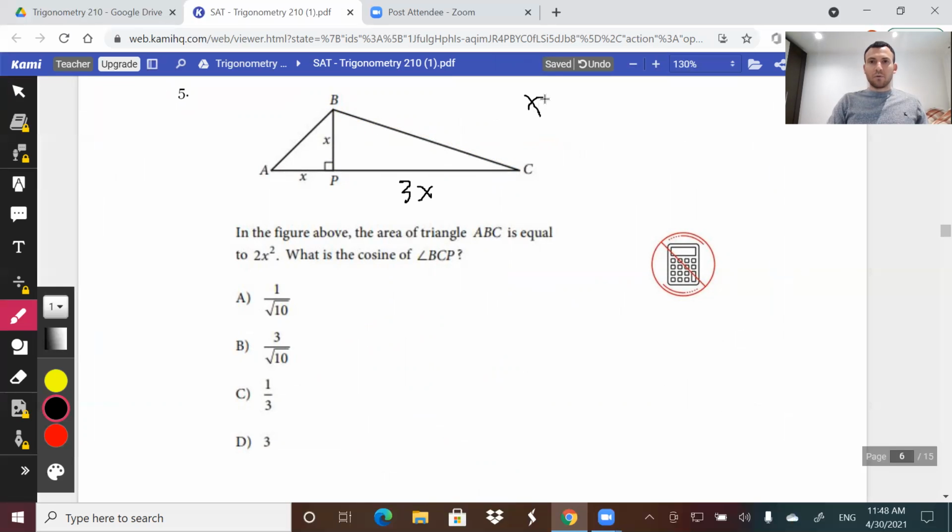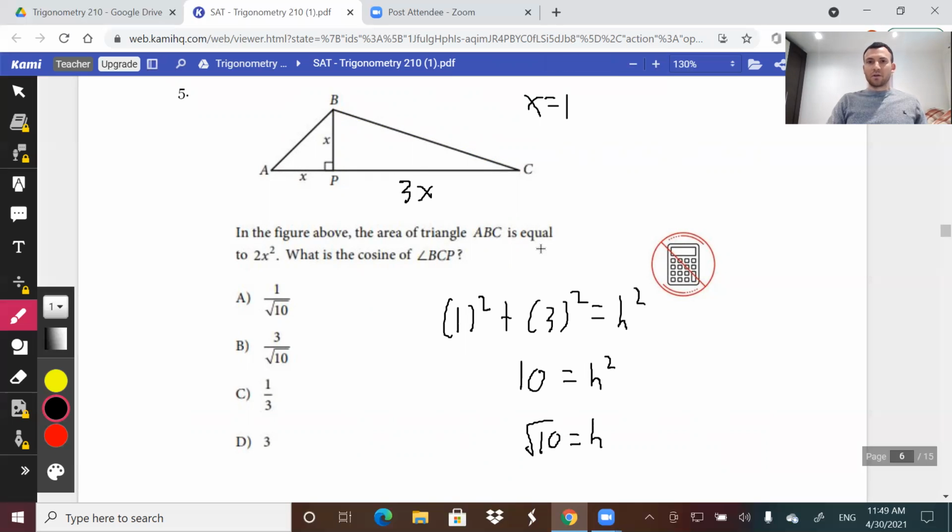If I make x equal 1, we end up with 1 squared plus 3 squared equals h squared, right? This gets us 10 equals h squared, and we get that root 10 equals h. So what's the proportion of the adjacent to the hypotenuse? 3 over root 10. Awesome.